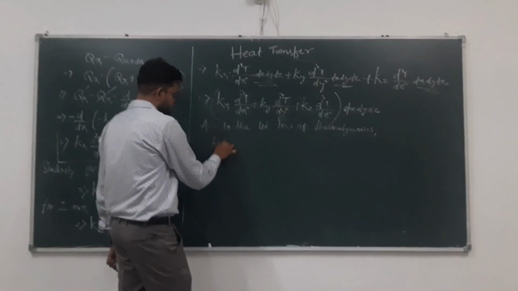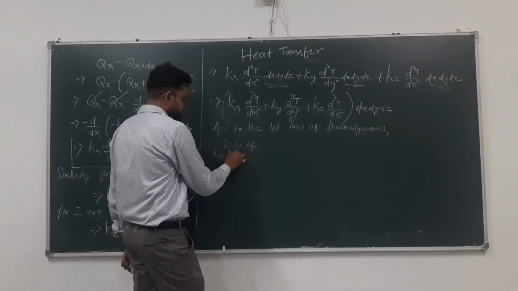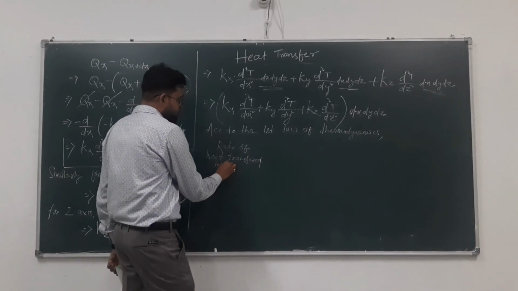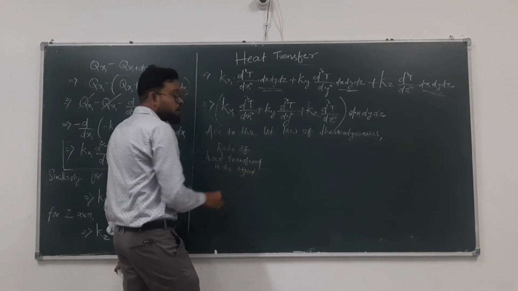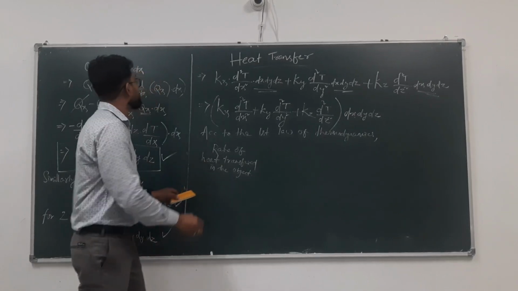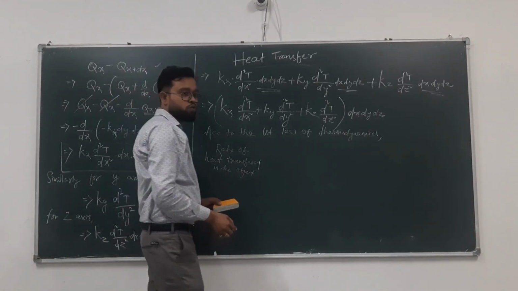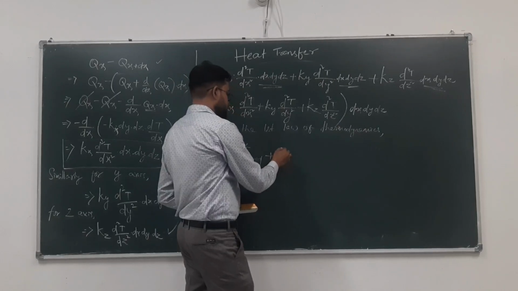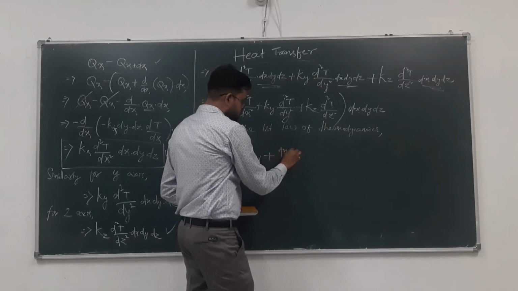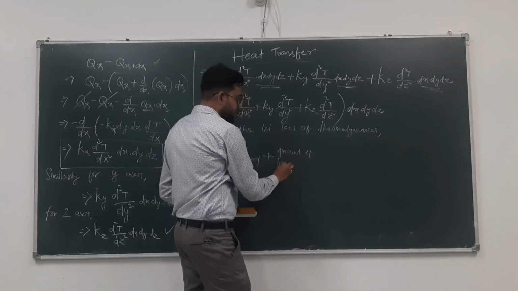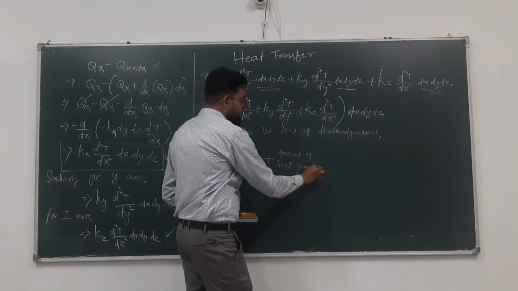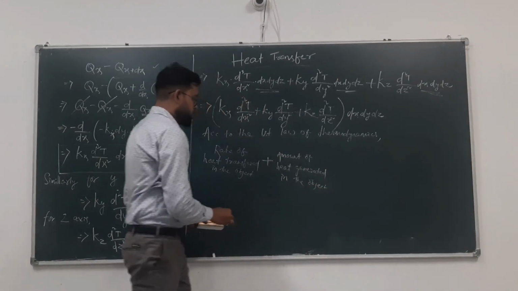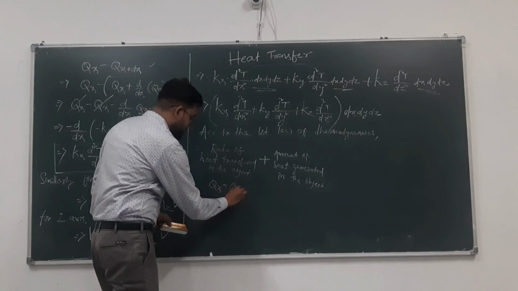The rate of heat transfer in the object, which is the net heat transfer qx minus qx plus dx, plus the amount of heat generated inside the body or object, is nothing but qx minus qx plus dx.